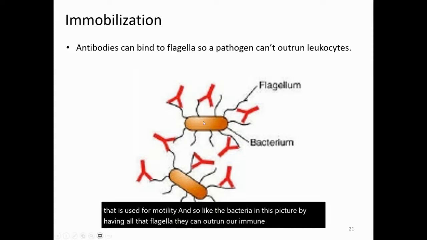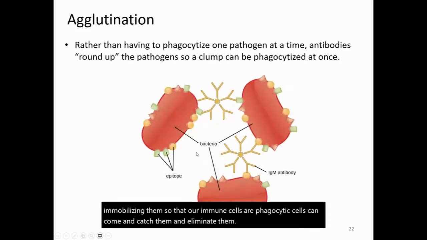Well, we don't want that. And so antibodies can attach to that flagella and essentially prevent the flagella from working. So we are immobilizing them so that our immune cells, our phagocytic cells, can come and catch them and eliminate them. All right, the last one is agglutination.